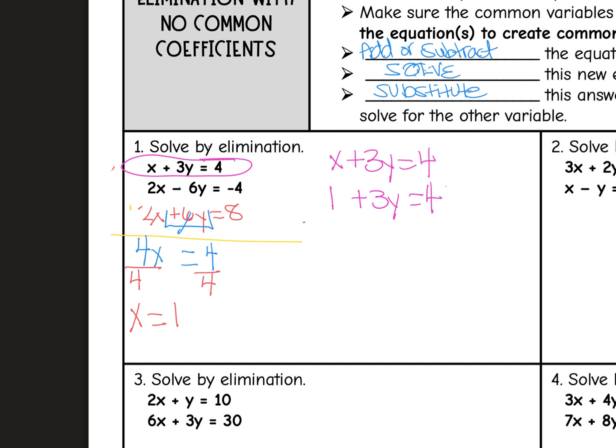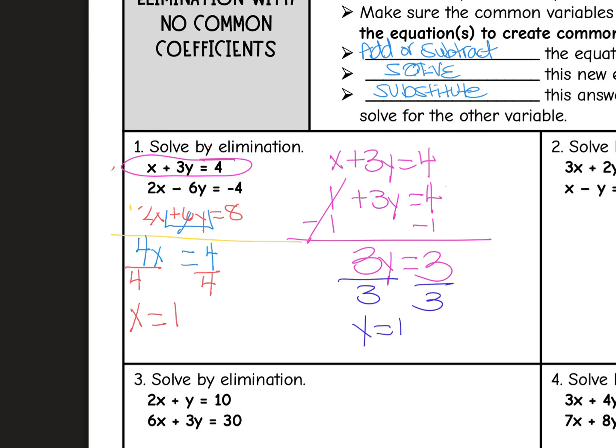So I'm just subtracting 1 from both sides. It cancels out. I'm left with 3y equals 3. And now I'm simply just going to divide both sides by 3. y equals 1. And the ordered pair that solves this system is (1, 1).